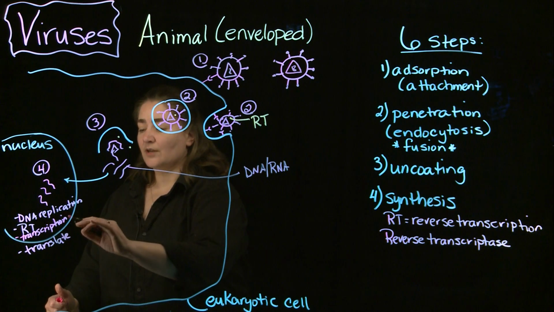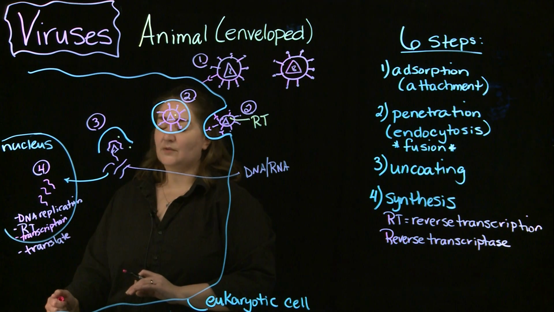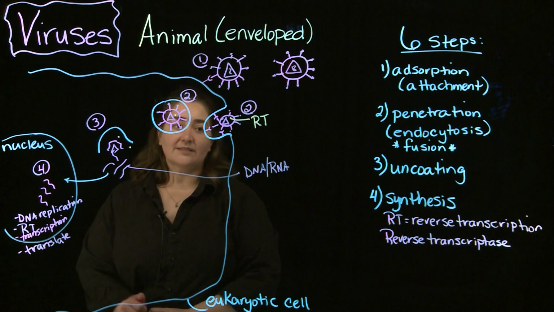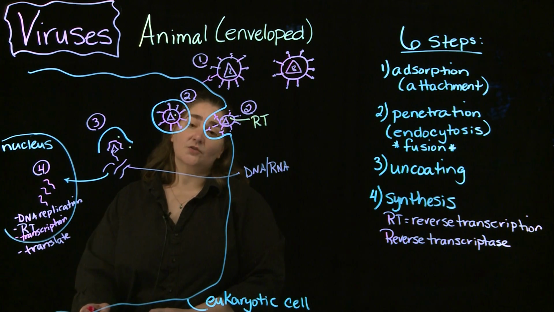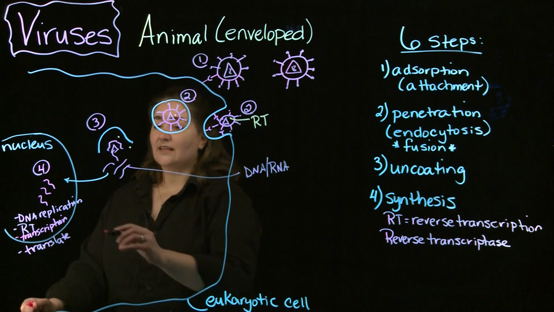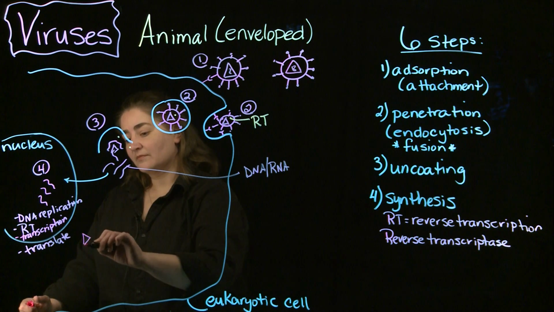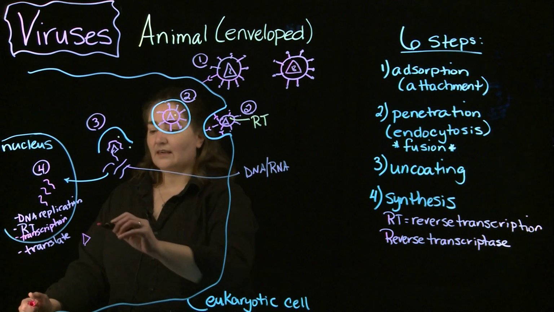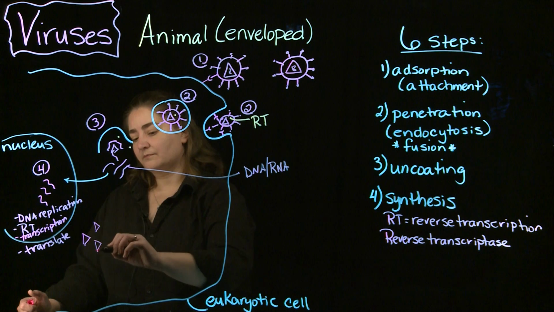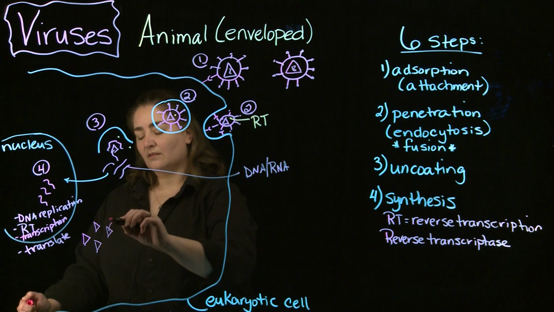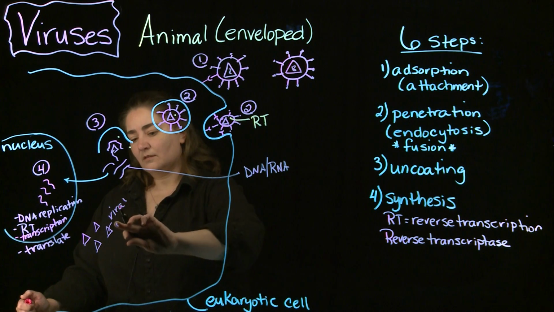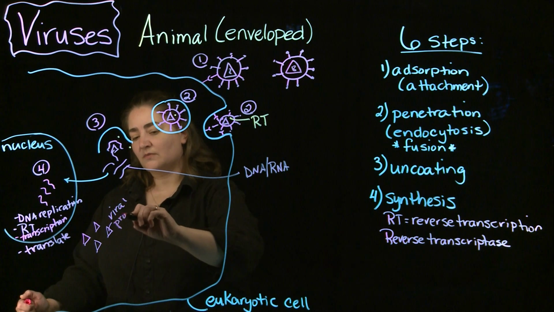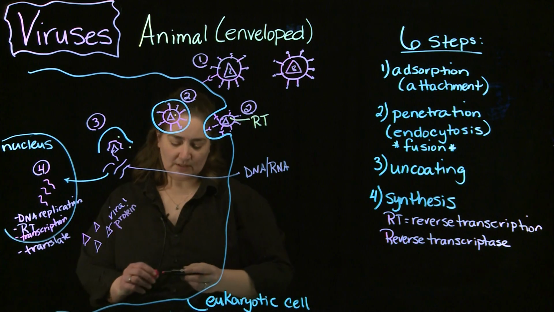So in terms of that, what ends up happening, the transcription is going to happen inside the nucleus. Translation, you may have thought I ran out of room, but remember in eukaryotic cells, translation happens in the cytoplasm. So that RNA leaves, and then in the cytoplasm, that's going to start making the components that are associated with our virus, specifically any of the proteins.